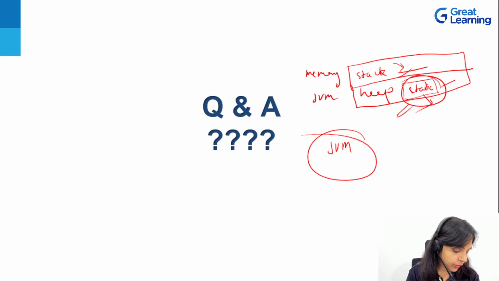Difference between private and protected data members. Someone has answered as well: private access is own class, and protected access is within the package. Yes, if you define a private method, that method is accessible only within that class, not outside the class, not even in a child class or anywhere else. But a protected method you can access outside the class, in the child class, and within the same package in any other class, whether it is a child class or not.